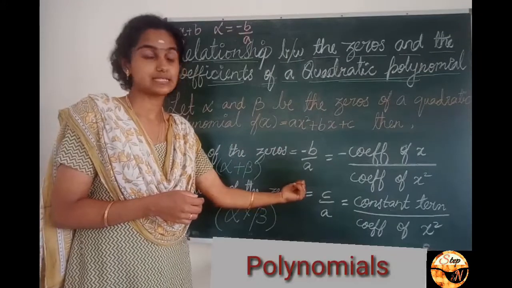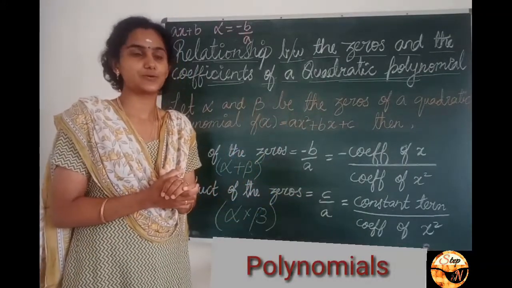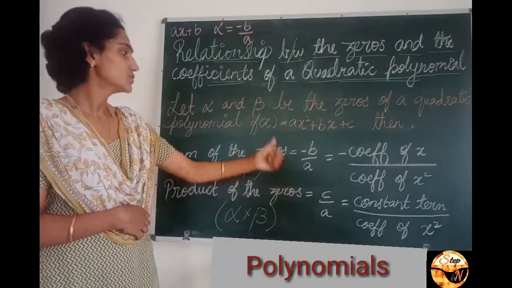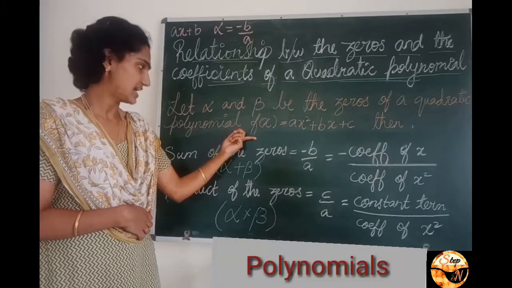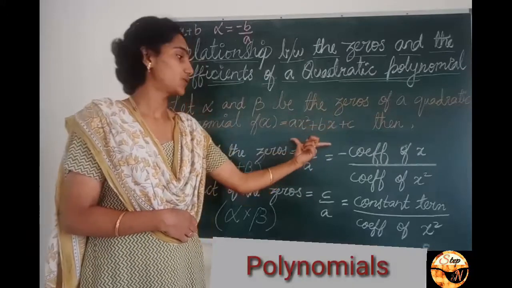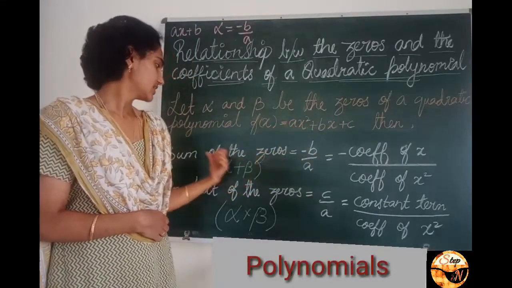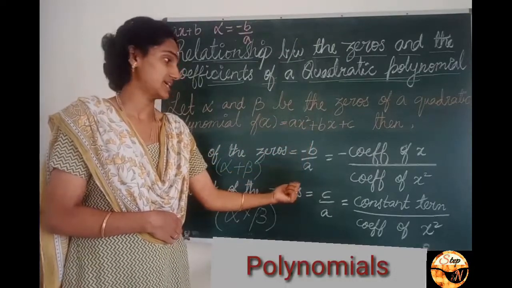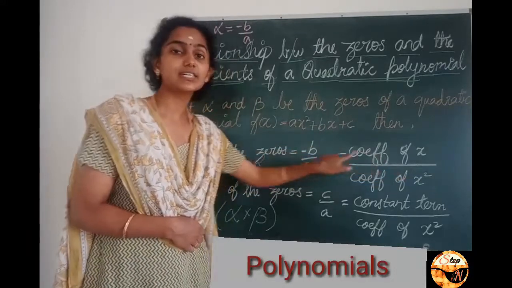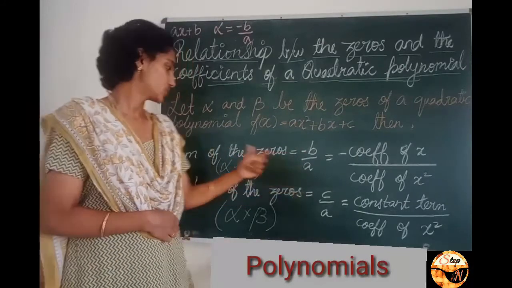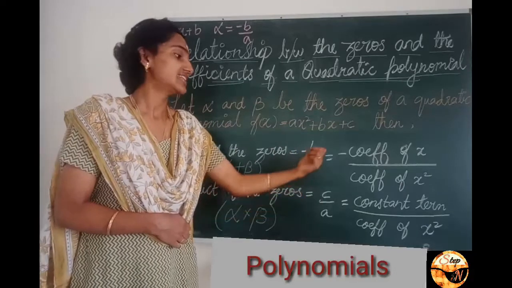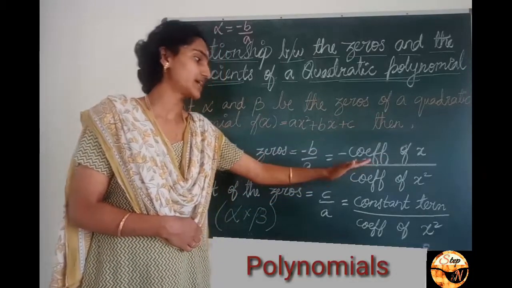The sum of the zeros, alpha plus beta, will be equal to minus b by a. Here the polynomial is denoted as f of x equal to ax square plus bx plus c. This is a quadratic polynomial since the degree is 2. Minus b is the minus of the coefficient of x, and a is the coefficient of x square.